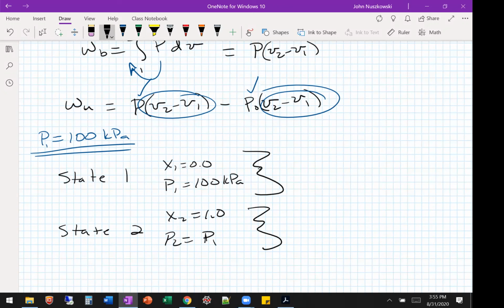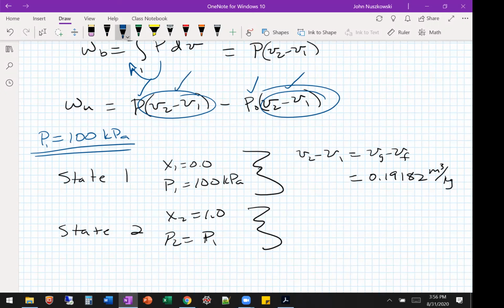The nice thing is, because it's going from quality of 0 to 1, we can use the FG values. So V2 minus V1 is the same in this problem as VG minus VF, which we get as 0.19182 meters cubed per kilogram.